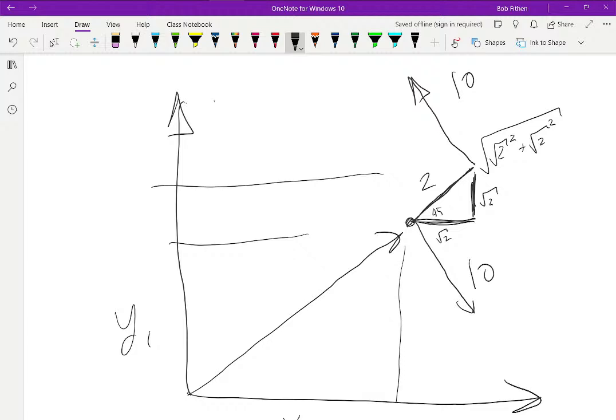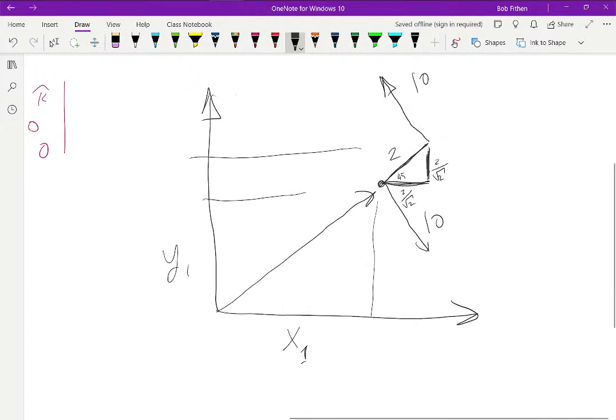But that'd be 2. Let me make sure that that is correct. Well, we'll just go with that, 2 over square root of 2. We'll do the math. That's not going to do you any good, but let's just leave it like that.